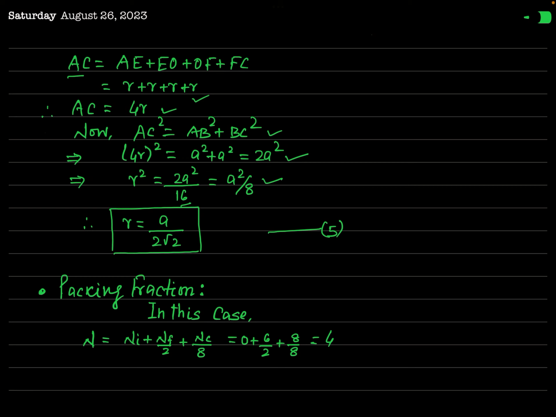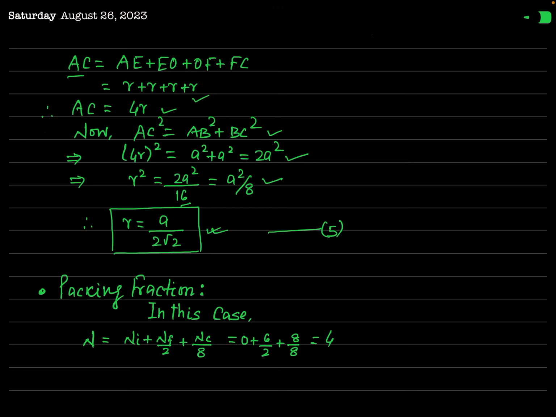So R will be equal to a over 2 root 2. This is the atomic radius in the case of the face-centered cubic lattice. I think this is a very simple calculation and you have clearly understood it.